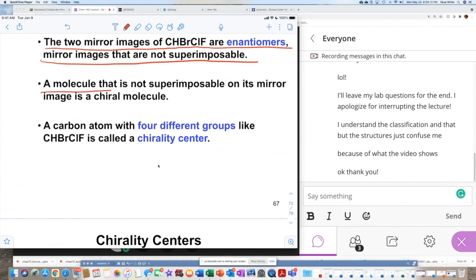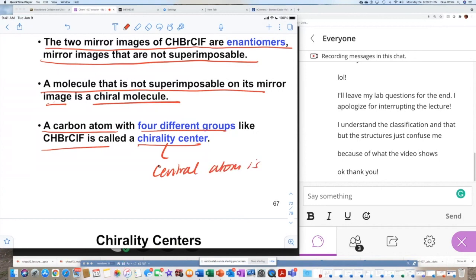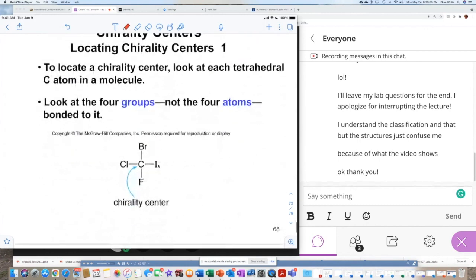A molecule that is not superimposable on its mirror image is called a chiral molecule. A carbon atom with 4 different groups has a chirality center. So the central atom here is chiral.